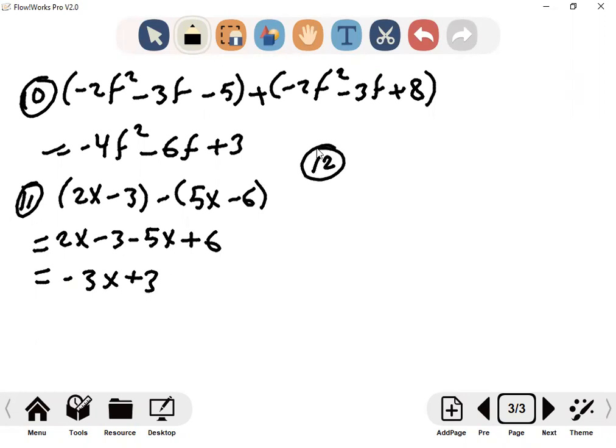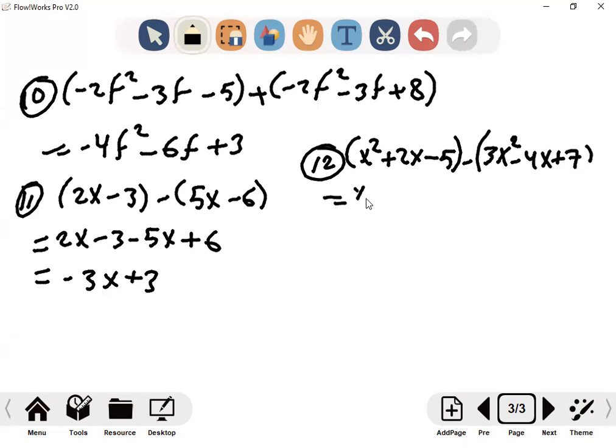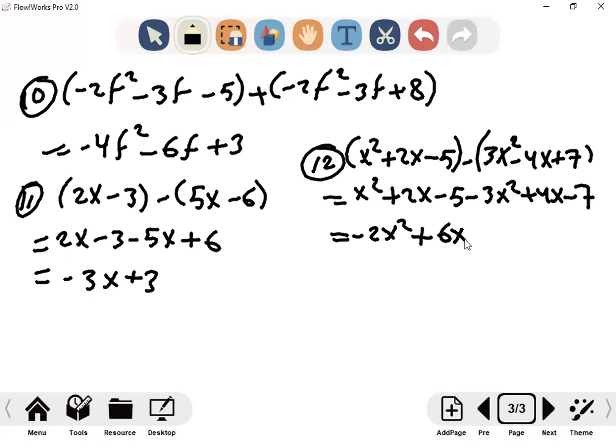We have x power 2 plus 2x minus 5 minus 3x power 2 minus 4x plus 7 equals x power 2 plus 2x minus 5 minus 3x power 2 plus 4x minus 7 equals x power 2 minus 3x power 2, minus 2x power 2, right? 2x plus 4x, 6x, minus 5 minus 7.